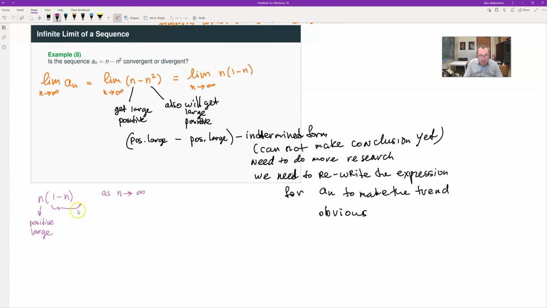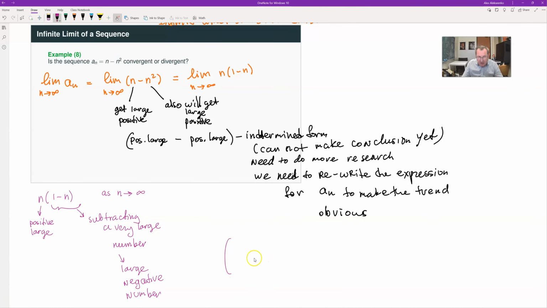What about 1 minus n? Well, if n is positive large, we will be subtracting a very large number from 1. The result is a large negative number. All right, very good.